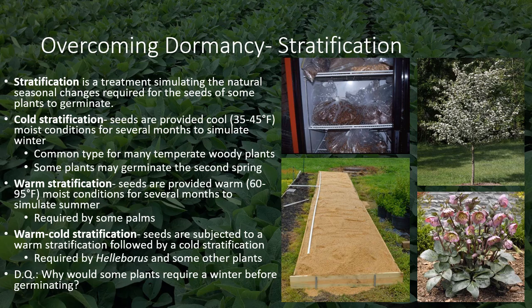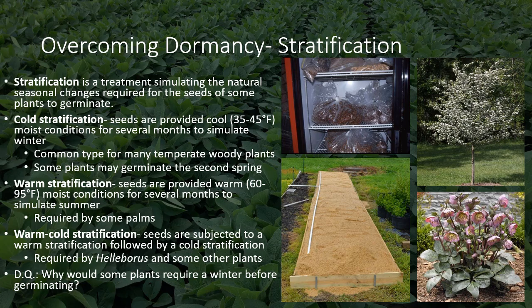So the tree doesn't want its seeds to germinate until it knows that they've been through several months of winter, which means now it's springtime and it's safe to germinate. And that seedling is going to be able to grow and mature and develop a woody stem, which is resistant to frost, before the next winter.